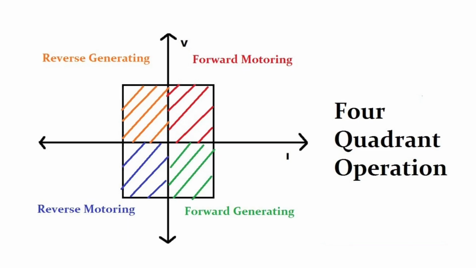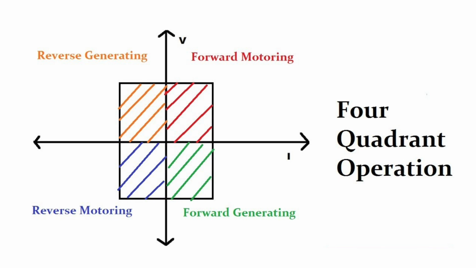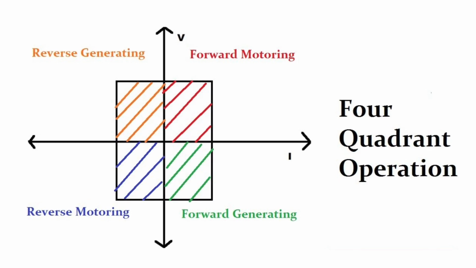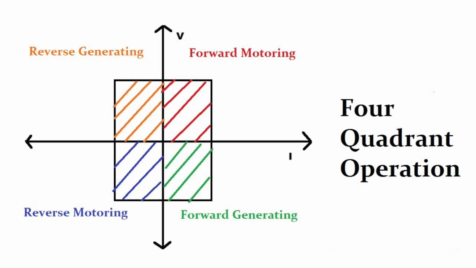We will have a look at the importance of the four-quadrant operation and its industrial significance. Moving forward, we will also explore the technical aspects such as the role of converters and controllers and delve into sophisticated control strategies like vector control and direct torque control.